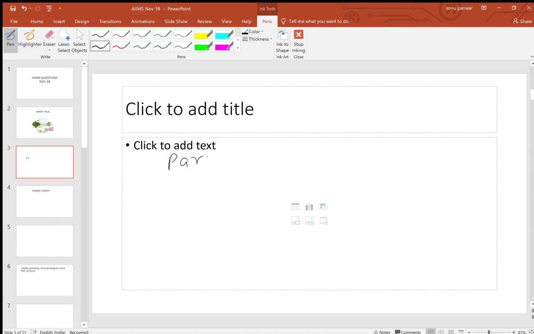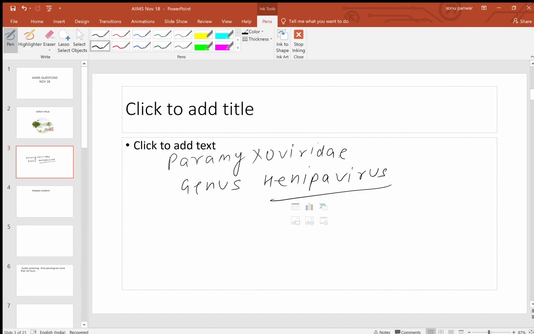Fine, so this one belongs to Paramyxoviridae, and the genus of it is Henipavirus. Okay, the genus of this is Henipavirus, and Nipah was discovered first in Malaysia, and Nipah is a village in Malaysia as such.